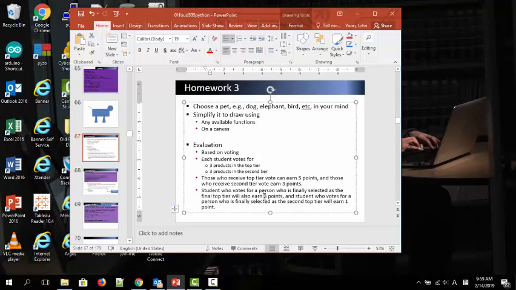Then you will get 9 points, right? 3 times 3, 9 points. And if it is in the mid tier, the voter will receive 1 point. Those who vote receive 5 points if it is picked up by top tier, and if it is picked up by second tier, then the voter will receive 1.